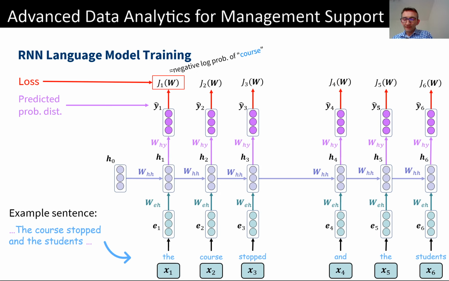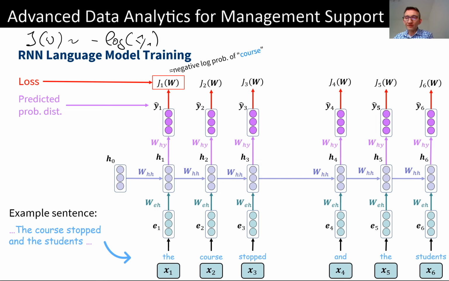And remember, using the cross entropy cost function to train our neural network, essentially our loss, so J, that's a funny J, sorry about that, J of W, essentially is just the minus of the log of ŷ1 at this point.